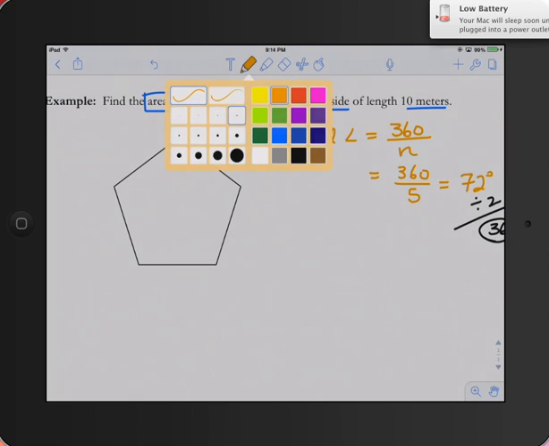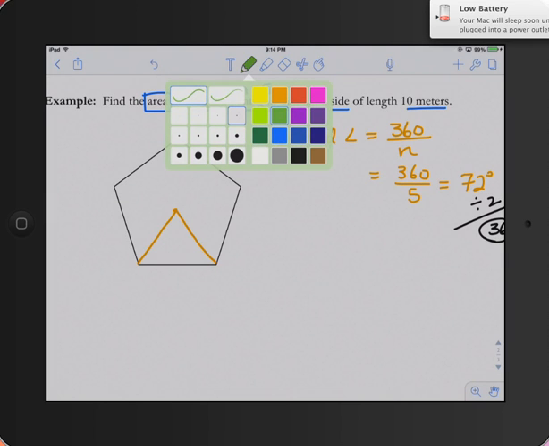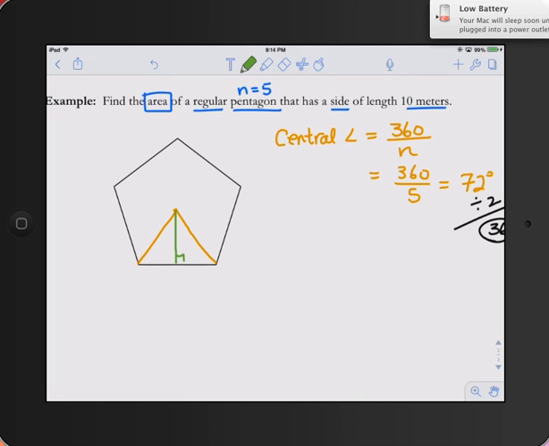Central angle measure is from the center of the circle, with 2 radii out to the vertices of the polygon. Our apothem is going to go perpendicular, the height of one of those triangles, and it's going to hit the midpoint of the side and split our big triangle into 2 smaller right triangles.